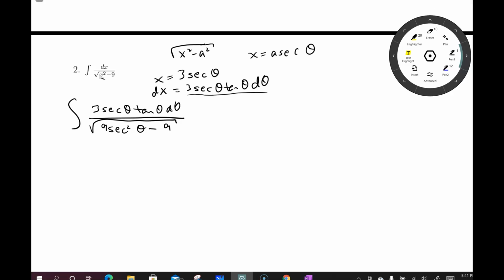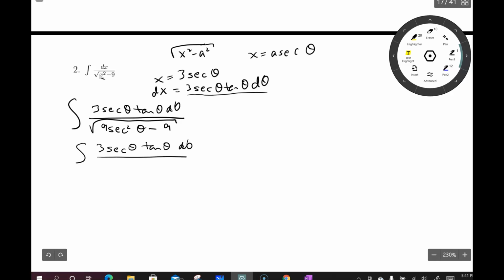The radical will go away if you did it correctly. If the radical doesn't go away, you made a mistake: you substituted the wrong trig identity, or you multiplied wrong. So I'm going to factor the 9 out. So there's a root 9, and then I've got secant squared theta minus 1.